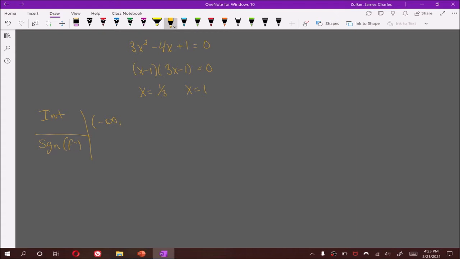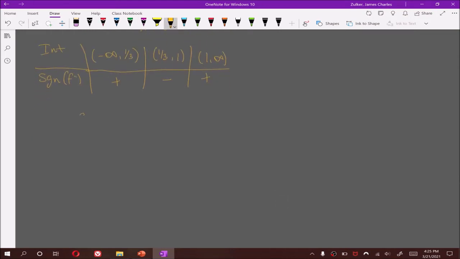We go minus infinity to a third, to 1, 1 to infinity. And what we get is plus minus plus. This means we are concave up over minus infinity to a third, and then again 1 to infinity.